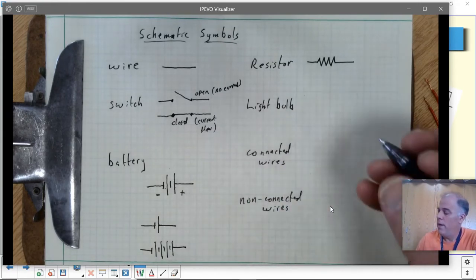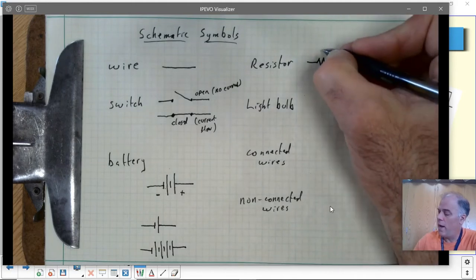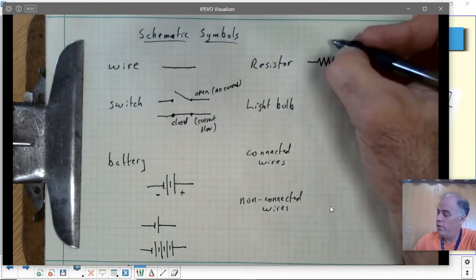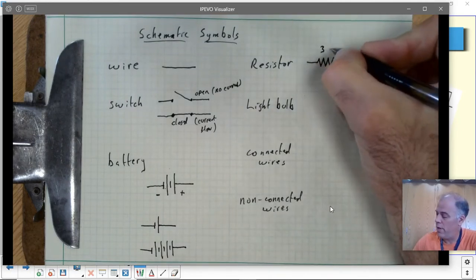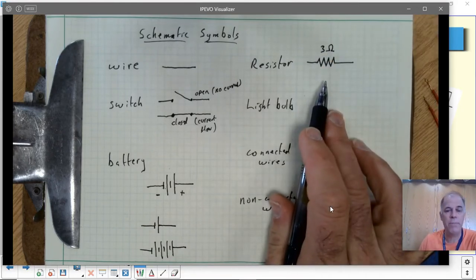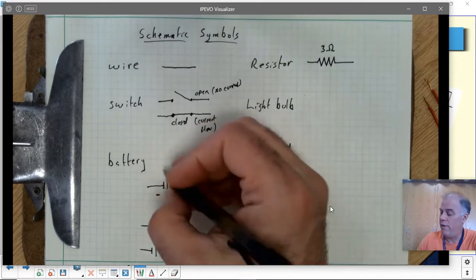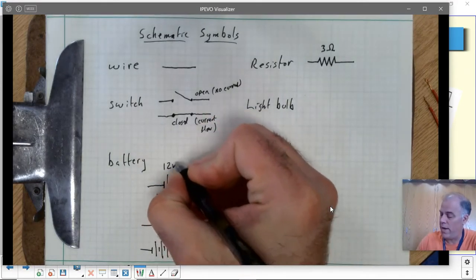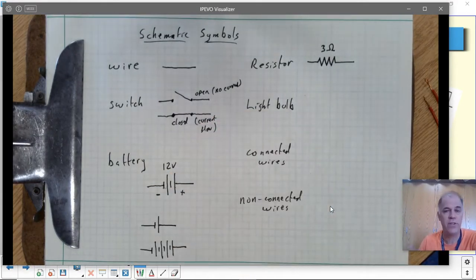But that's it. Now, very often we will write in the value of the resistor. So, if this was a 3 ohm resistor, we would write 3 ohms above it to represent what it is. Same thing with the battery. If this is a 12-volt battery, we'd write 12 volts above it, and that represents the voltage of the battery, and so on. So a resistor is a squiggly line.